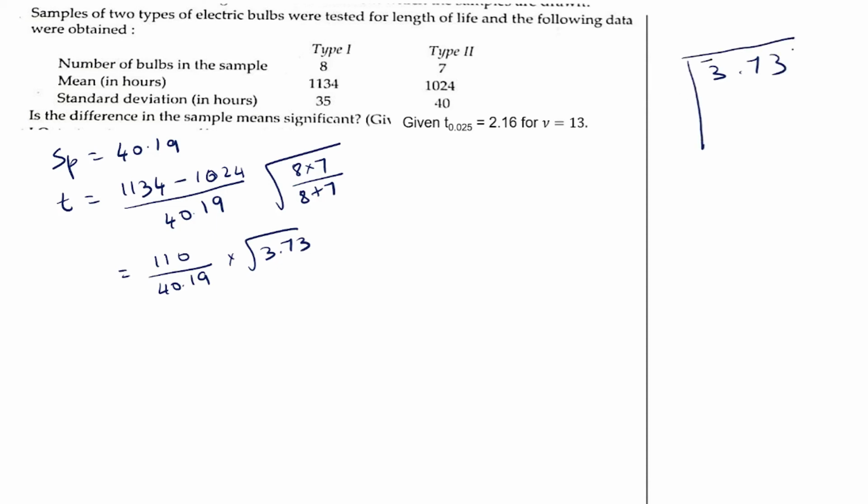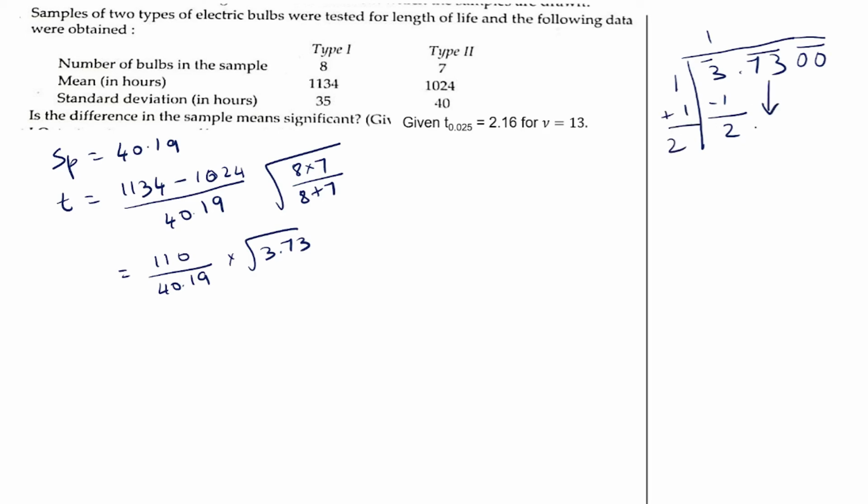Again, we have to take the integral part separately and the decimal part separately. If we want to find the square root up to 2 decimal places, let us add 2 more zeros. Now if we see 3, we have to take 1 into 1. The remainder is 2. Now if we add 1 plus 1, we get 2.